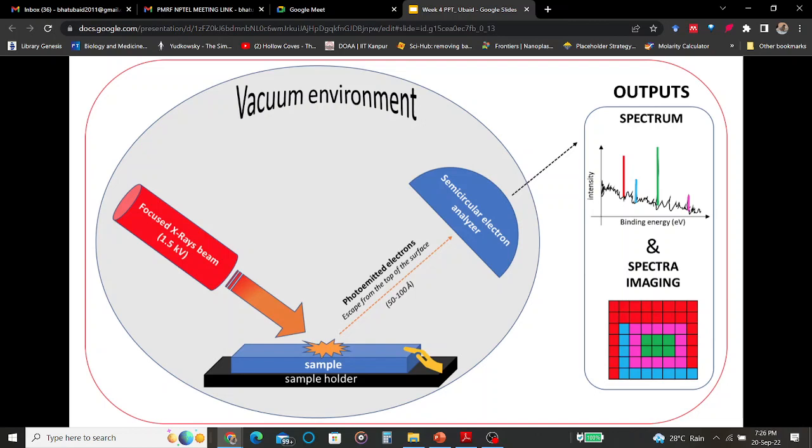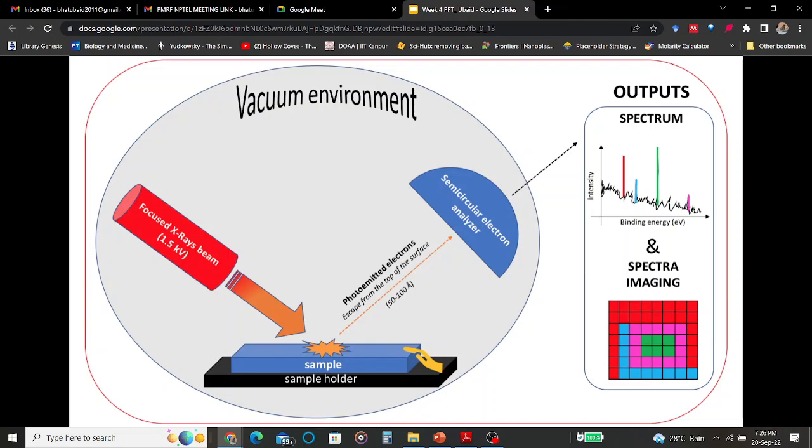In XPS, the sample is placed on the sample holder, and focused X-ray beams are irradiated on the sample. After irradiation, the photoelectric effect occurs, and because of these X-ray beams, emission of electrons from the sample occurs.